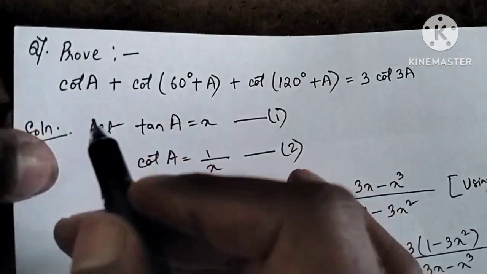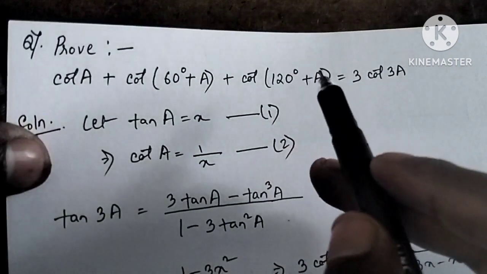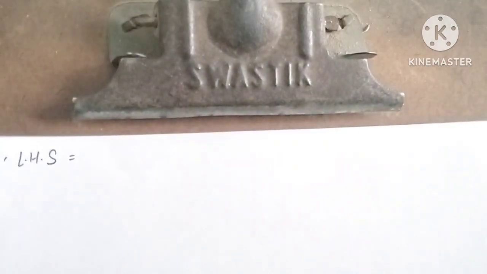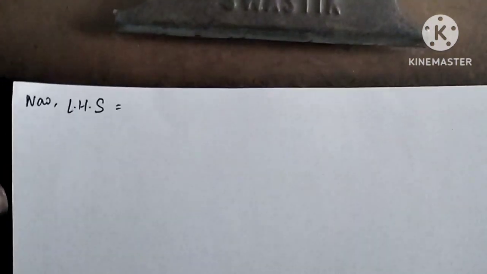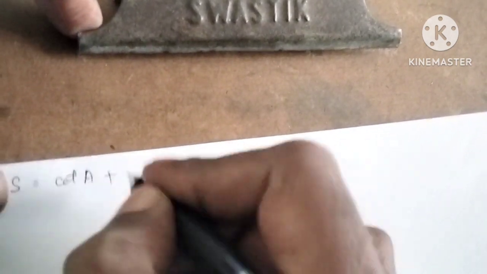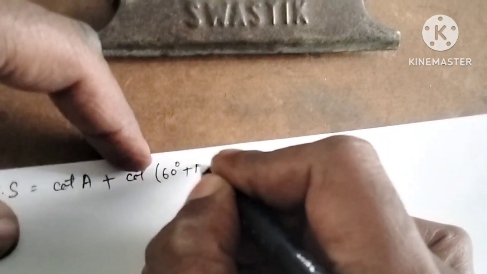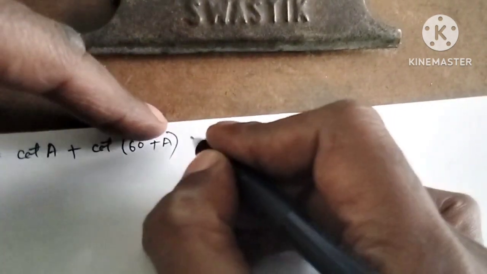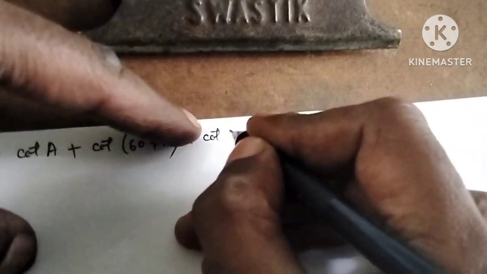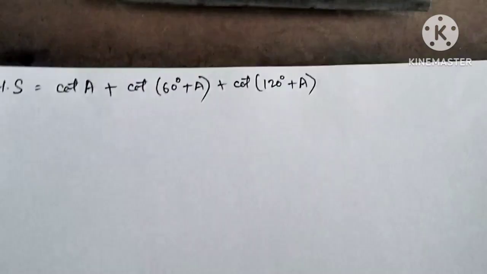You have to find the whole: cot A plus cot 60 degree plus a plus cot 120 degree plus a, right?